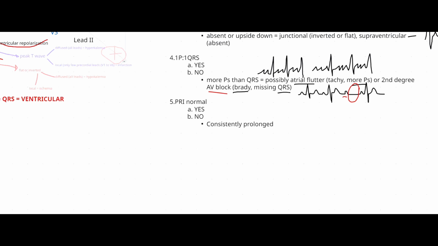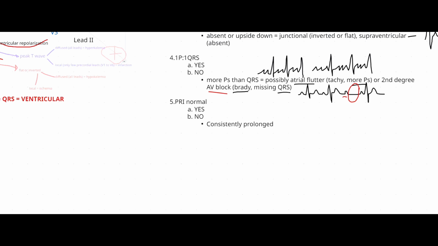So technically there's a non-conducting P wave, basically this one here that we talked about. This is a second degree type 1 AV block, otherwise known as Wenckebach.